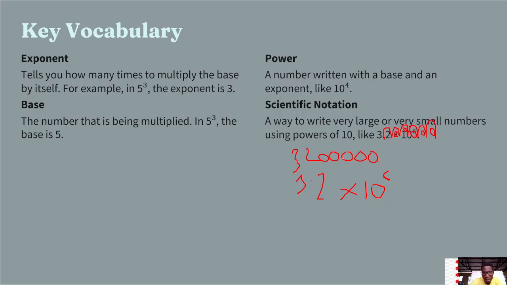It's a big number, which is 3,200,000, but it has been simplified by using scientific notation. It's also a method of exponents to reduce larger numbers to smaller numbers. All right, so let's move on.